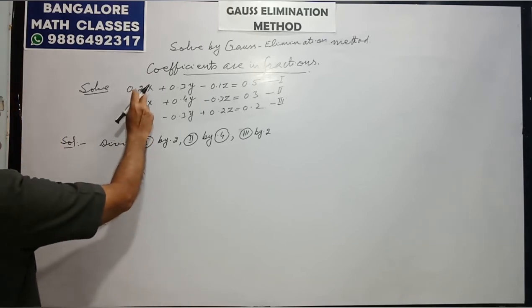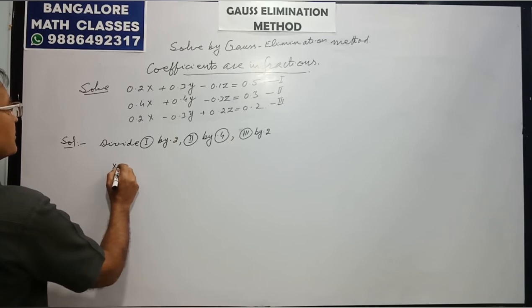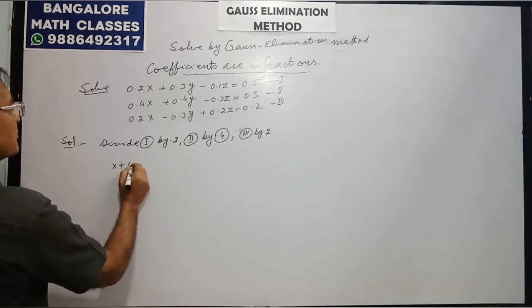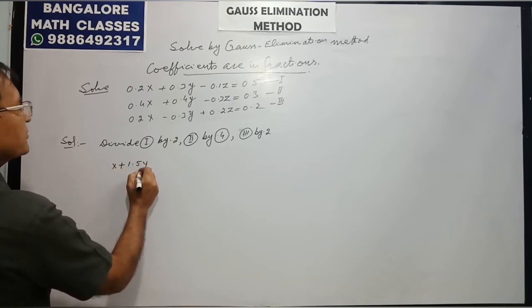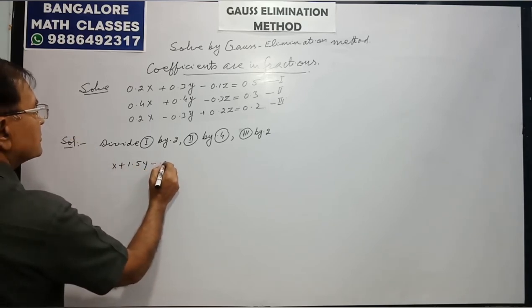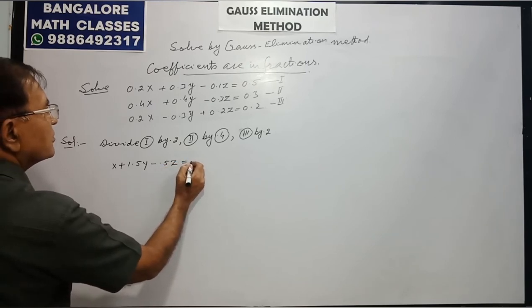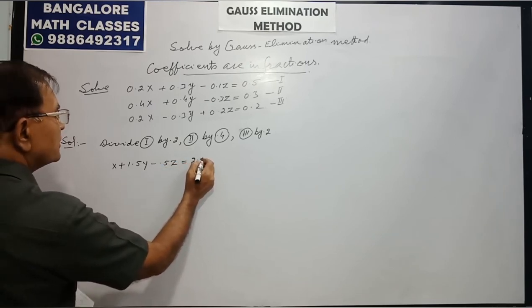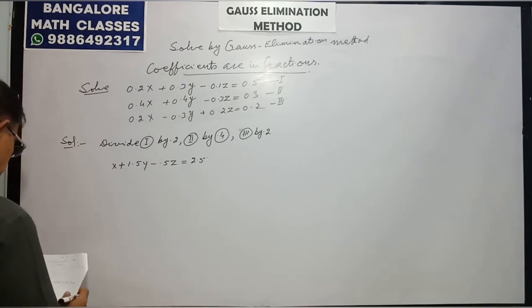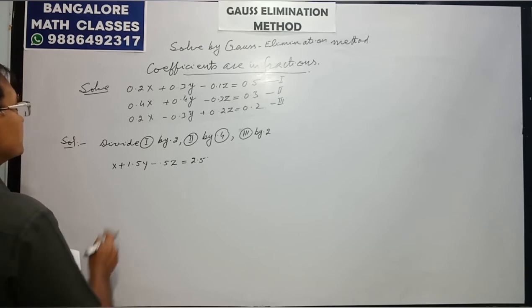So by dividing by 0.2, we'll get x plus 1.5y minus 0.5z equals 2.5.